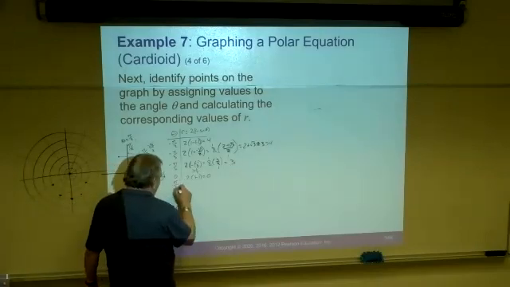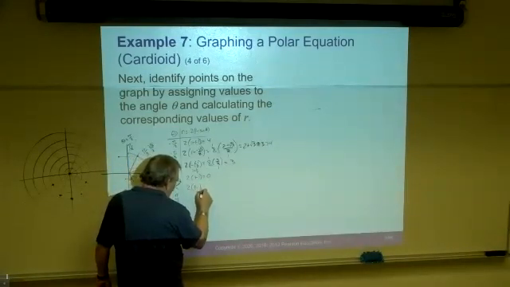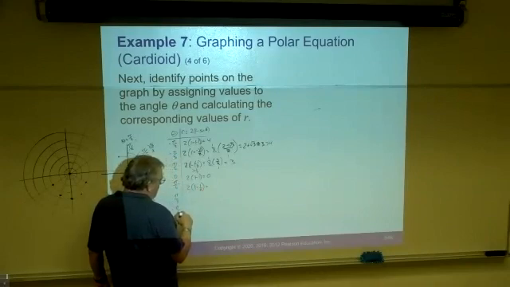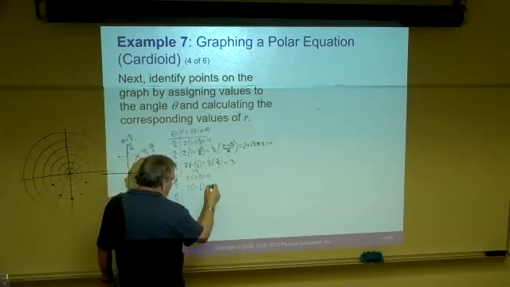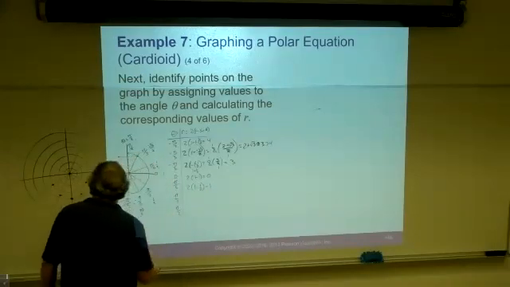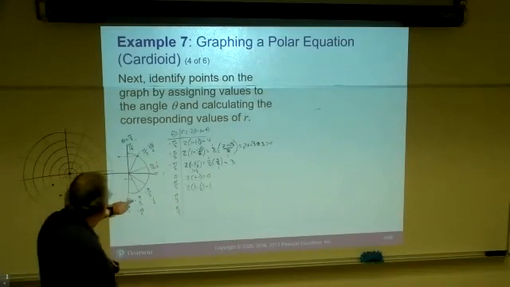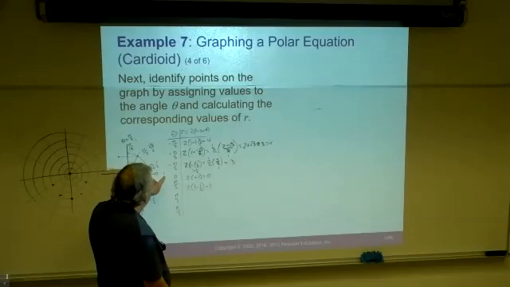And so now at pi over 6, it's going to be 2 times 1 minus 1/2. Well, 1 minus 1/2 is 1/2, and 1/2 times 2 is 1. Well, that wasn't right. This isn't right. At 0, it is 1. 1 minus. Okay.